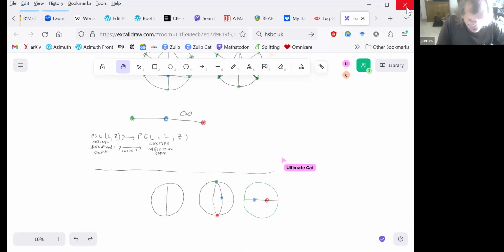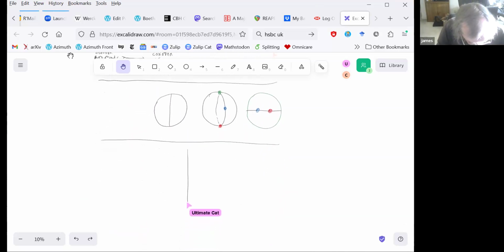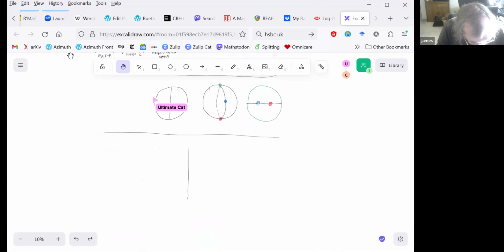Okay, let me try to draw a little split screen thing here. Sorry, screwing up here. The splitting of the screen for me is somewhere here.